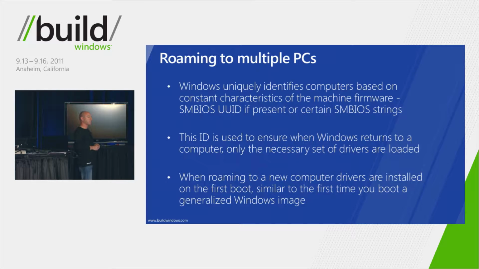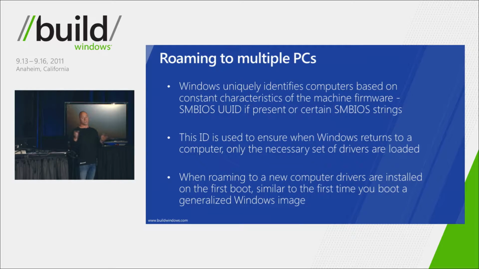Roaming. This has been another issue that in the past you would have come into problems when you roam from one machine to another. What we've done here is we've enabled the ability to go to a PC. We identify that PC uniquely through the firmware. We then enumerate all the drivers and devices for that machine.